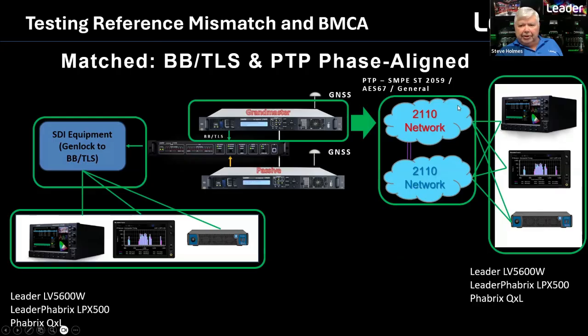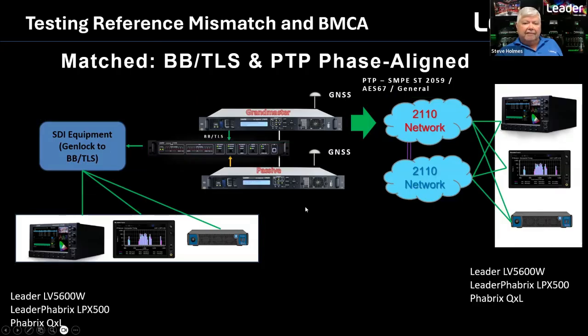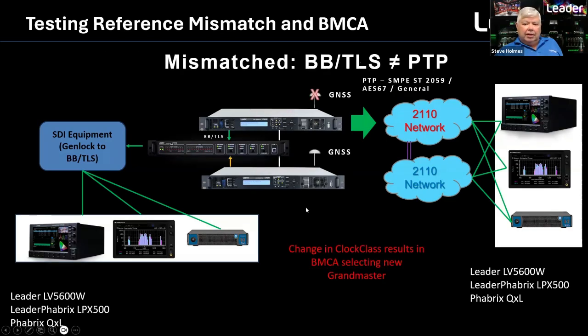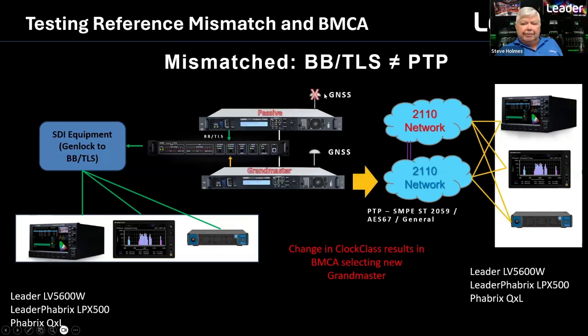In this scenario right here, we're looking at the same setup, and everything is working off of our grandmaster, our primary unit. But if I have a failure here of my GPS on my top SPG, it is going to go into holdover mode, clock class 7.